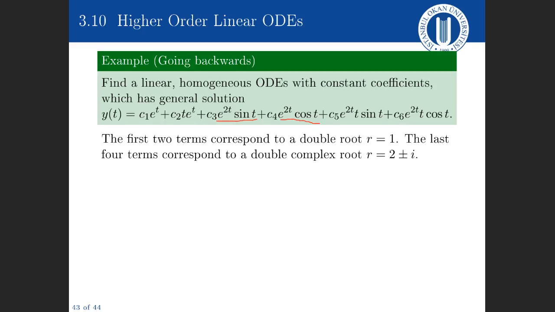But that corresponds to the root 2 plus or minus i. What do we then have? We then have t e to the power 2t sine t and t e to the power 2t cos t. That's the same as what we just had, but now multiplied by t. So again, that must also be corresponding to the root 2 plus or minus i.